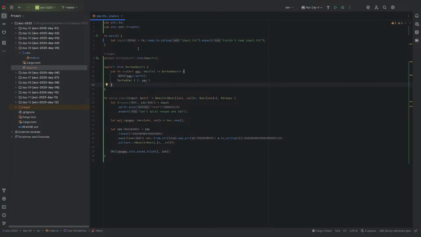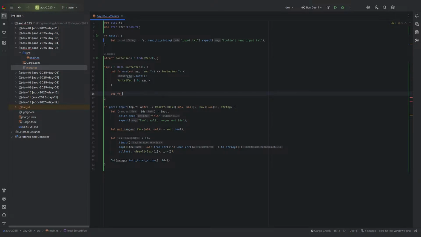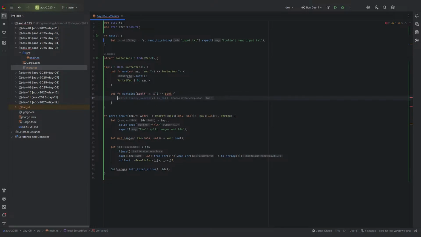The idea is that I have a vector that will always be sorted. Simple. I want a more efficient contains method. It's the main thing. That's what I can do now.